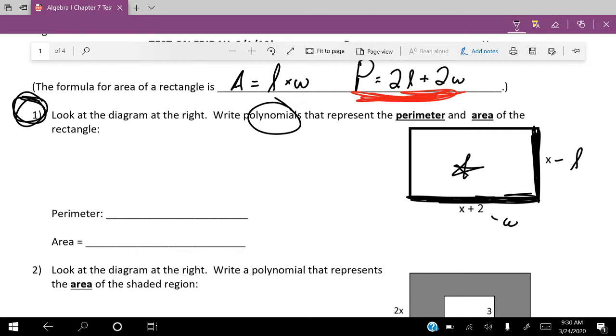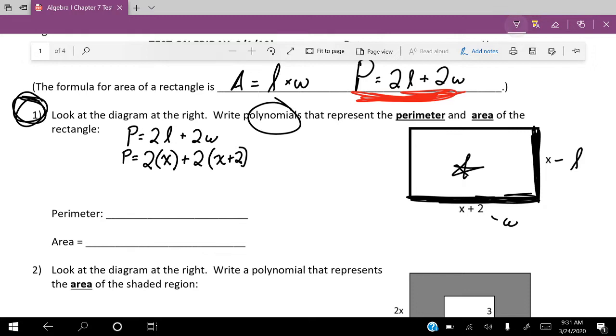I'm going to plug the length and the width into my perimeter equation above, so I'm going to rewrite it. P equals 2 times the length plus 2 times the width. We know that the length is x, so we're going to say 2 times x, plus 2 times the width, and we know the width is x plus 2, so 2 times (x plus 2).